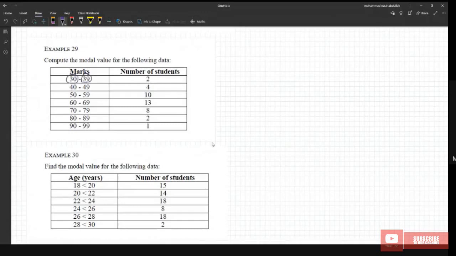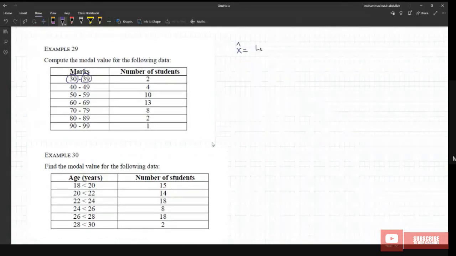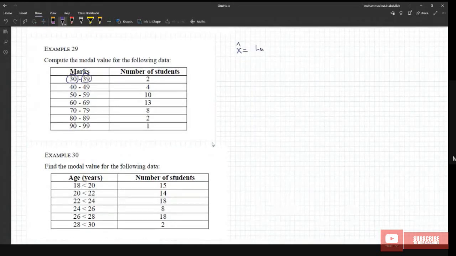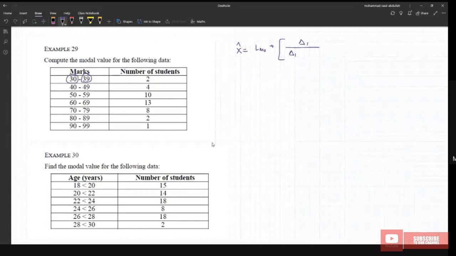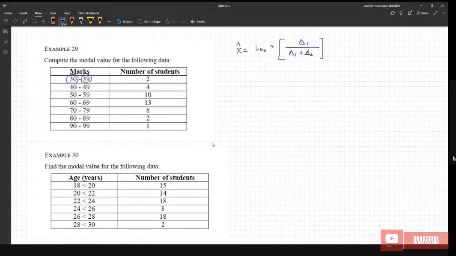This is the formula of the mode. We need to calculate the lower class boundary of the modal class plus theta 1, the difference between the modal frequency of the modal class and before the modal class, divided by theta 1 plus theta 2. Theta 2 means the difference of the frequency of the modal class and after the modal class, right?